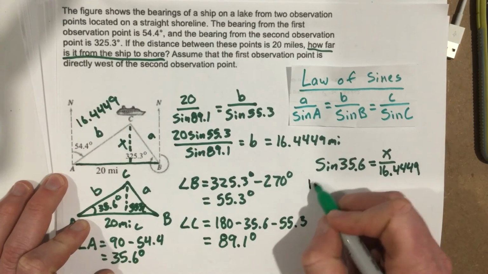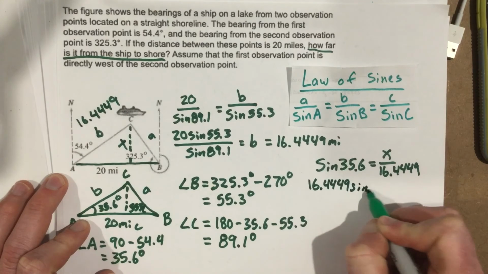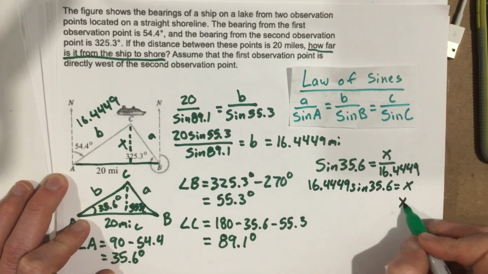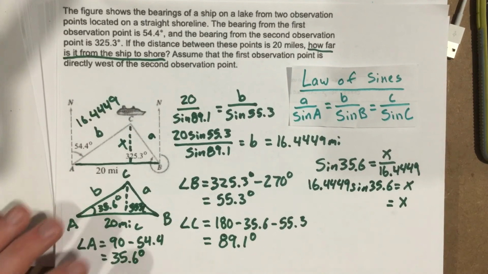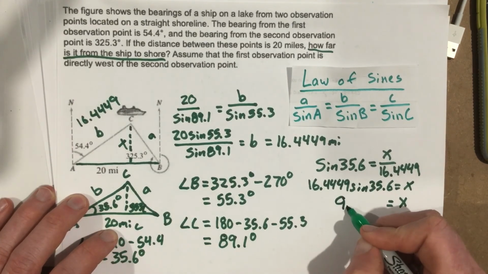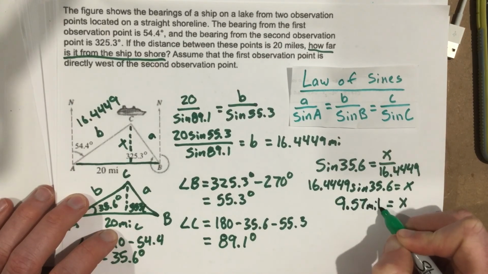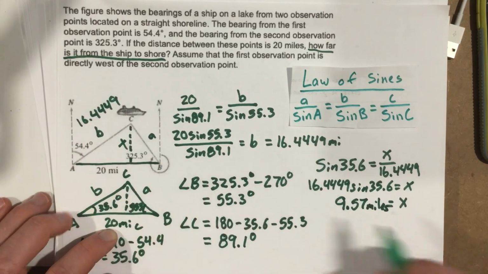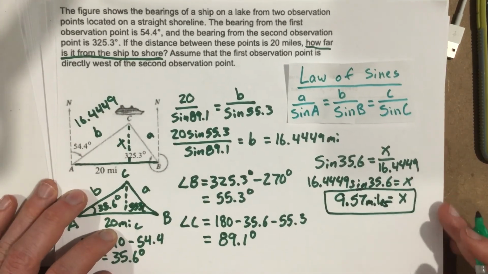Multiply that across, you get 16.4449 sine 35.6 is what X is. Plug that in there, and you get 9.57 miles. So the ship, this distance here, is 9.57 miles from shore. And that's the answer to this problem.